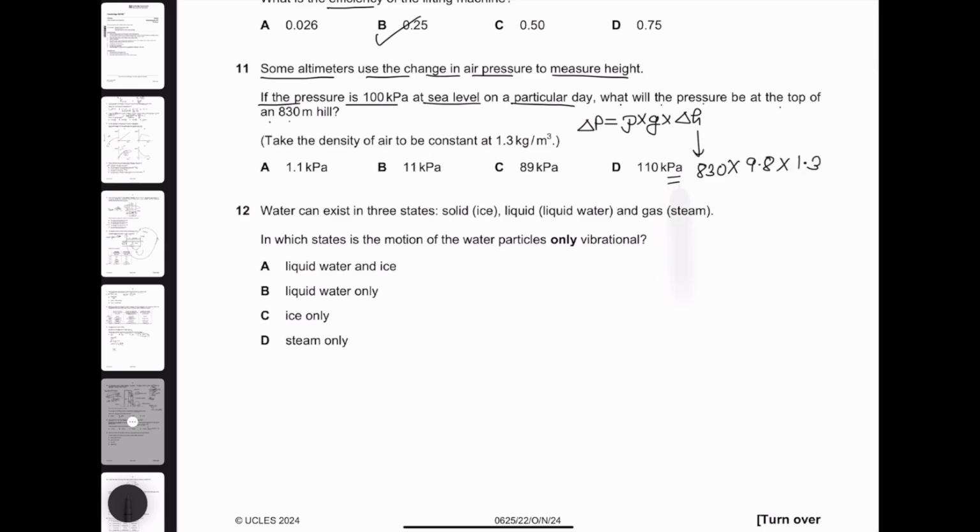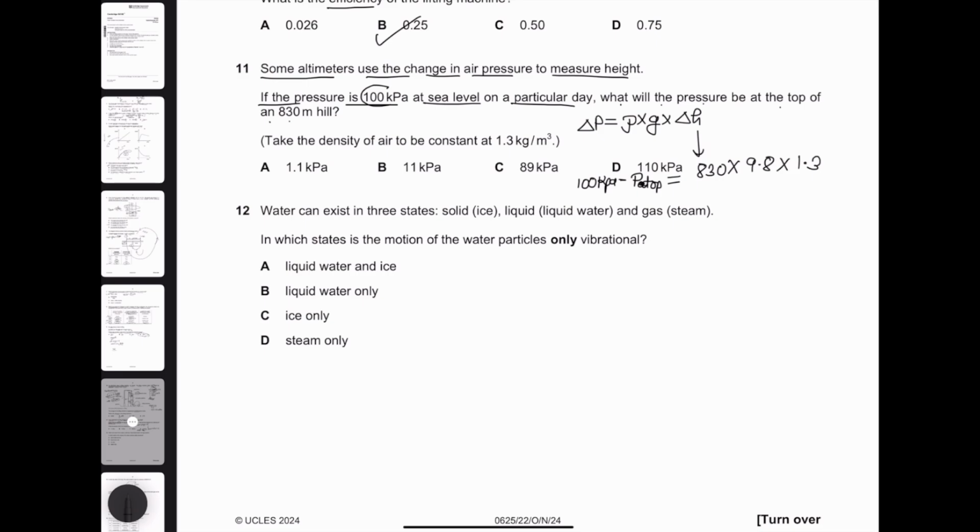Now, for change in pressure, you know that as we go upwards, the atmospheric pressure decreases, right? So the larger pressure should be this one. So the change of pressure will be 100 kilopascals minus the pressure at the height wherever you are going, so pressure at top.